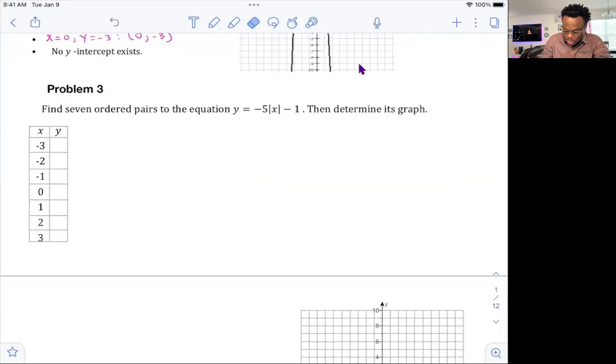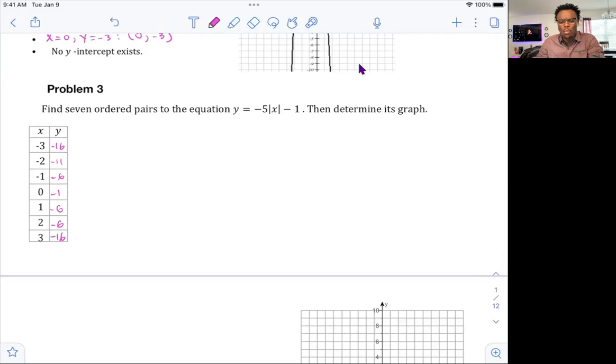So that's going to be -16, -11, -6, -1, -6 again. You can see how -1 and +1 have the same output, and -2 would have the same output also, and then -16, same as -3.